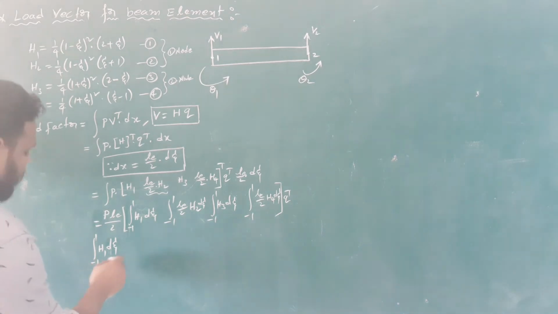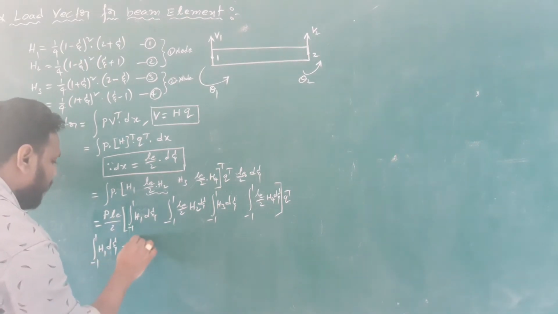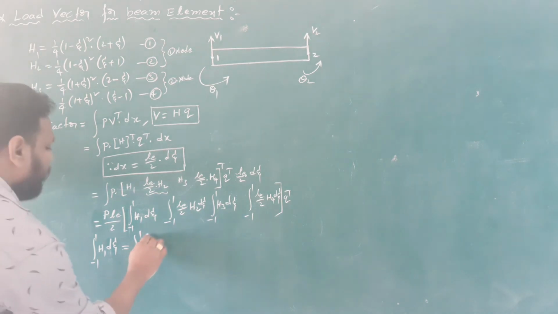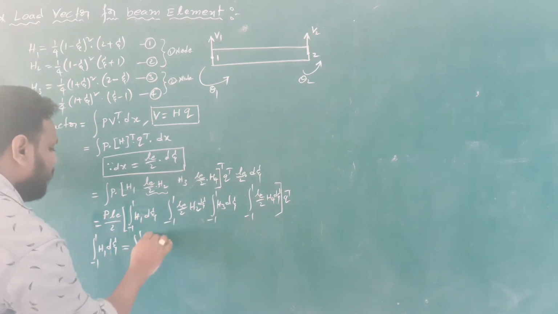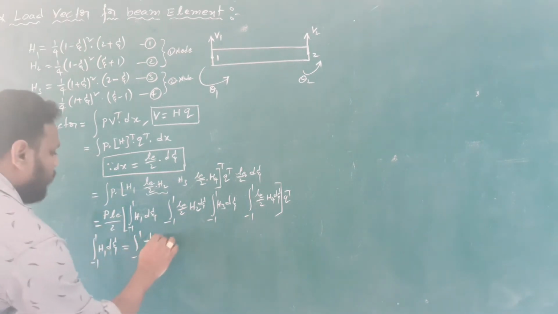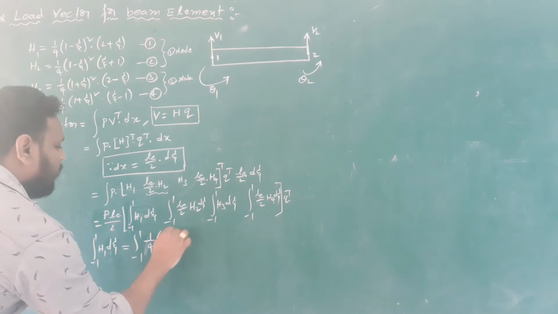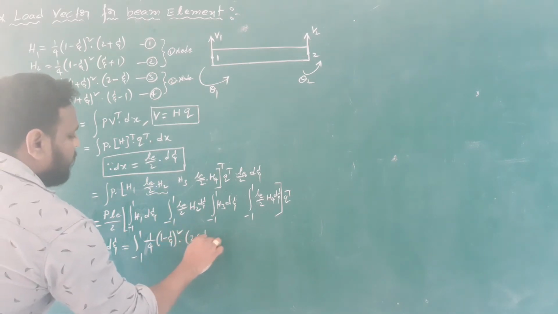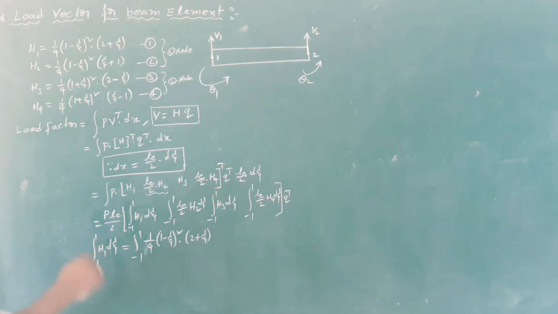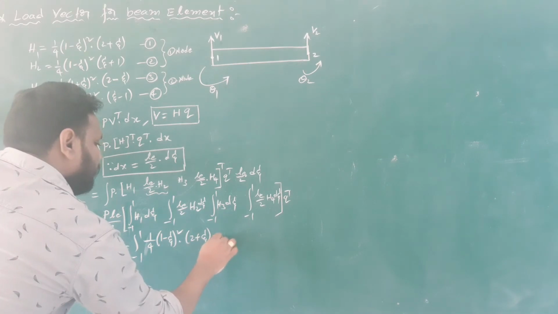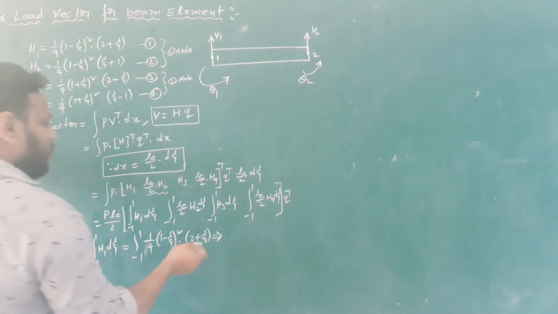Now take this h1 into dz, equal to integral of minus 1 to 1, h1 means 1 by 4 into (1 minus z) whole square into (2 plus z). Now simplify this.